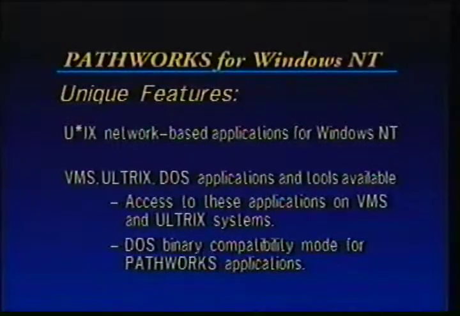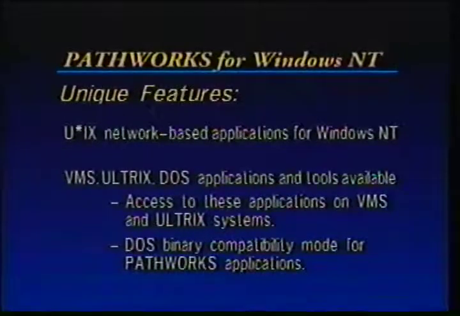Just to go back to PathWorks for a second, I wanted to cover a few things that I didn't discuss in that last slide. Some of the other things about PathWorks, especially when you're trying to position it against maybe the Advanced Server for Windows NT. One of the things that we'll be allowing is for people to have a much easier porting process of network-based Unix applications to Windows NT.